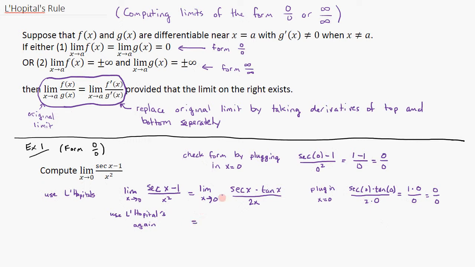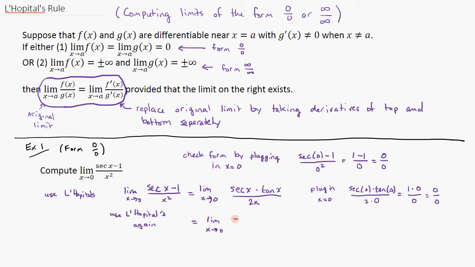Now L'Hopital's rule says take this limit and then take the derivative of the top and the bottom again. The top function is secant x times tangent x, which is a product, so we have to apply the product rule. The derivative of secant x is again secant x times tangent x.